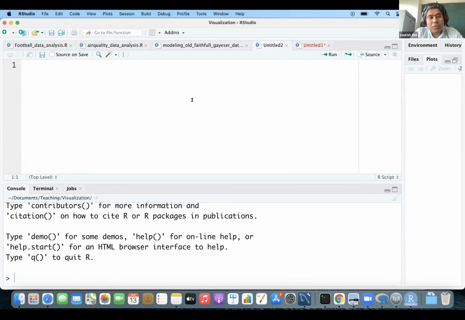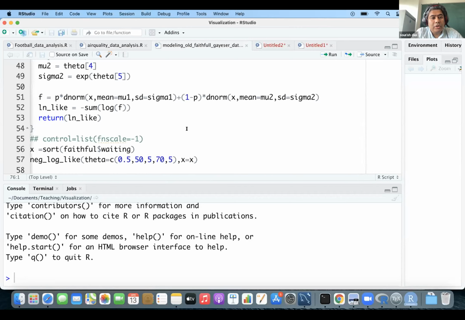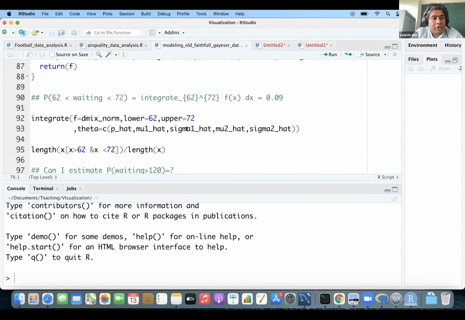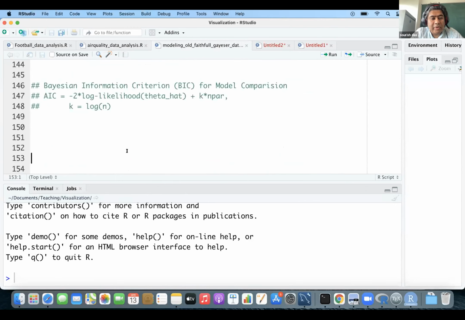So one assignment I'm assigning, now that you know how to draw a histogram and how to draw the density: draw the histogram and fitted density using ggplot.